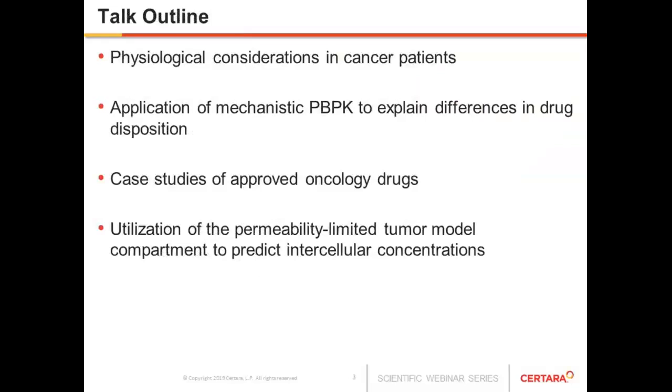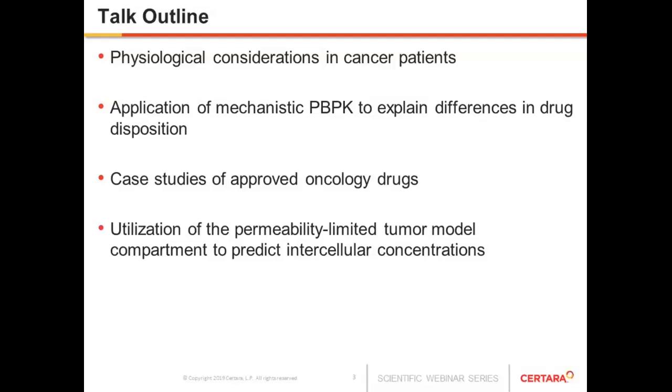In terms of the outline of the talk, we're going to talk about some of those physiological considerations that we have to take into account, the application of that physiology in cancer in predicting mechanistically within PBPK models and how that affects drug disposition.